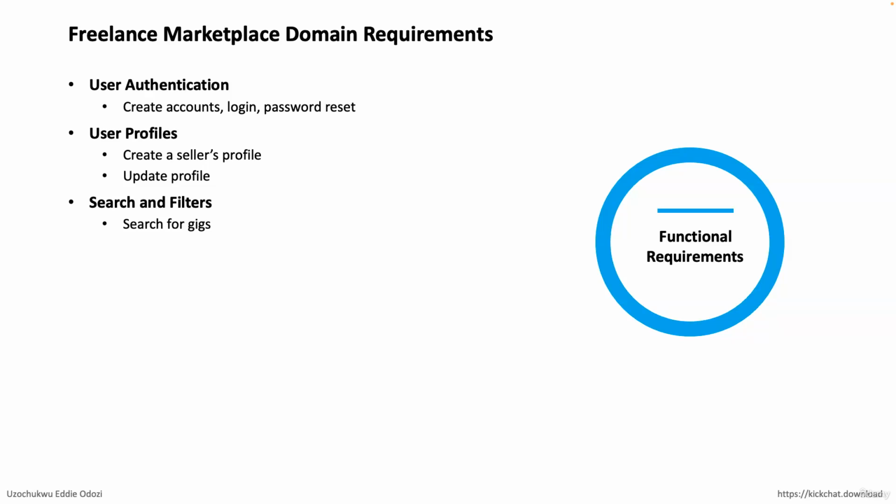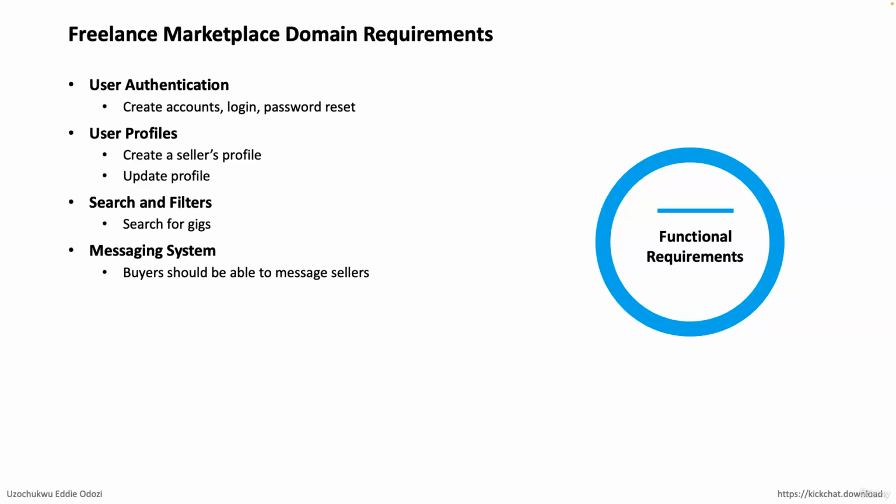Okay, only sellers will be able to create gigs, and then buyers will search for those gigs or search by name, and then it will display all the gigs of a particular user that they are searching for. Maybe later you can expand to allow buyers to post jobs. Okay, I want this done, and then users can bid for that job. That is a feature you can implement. But search and filters is definitely a functional requirement.